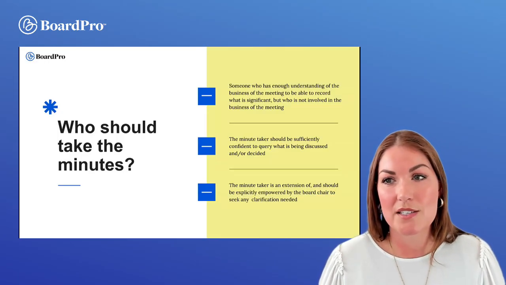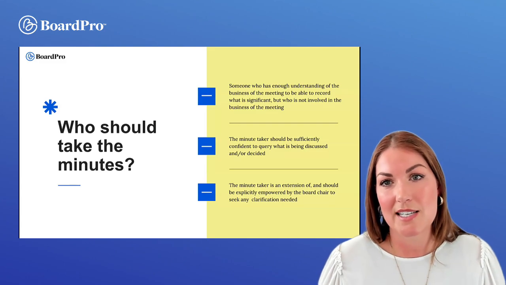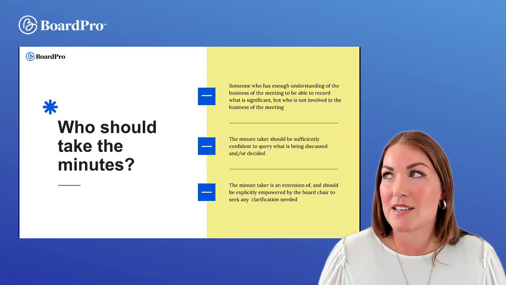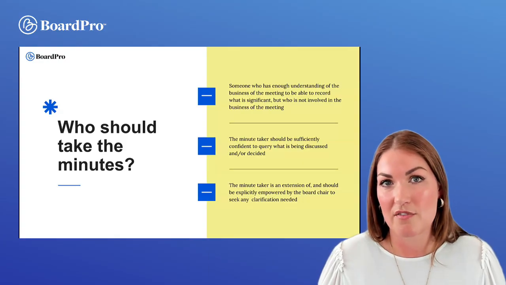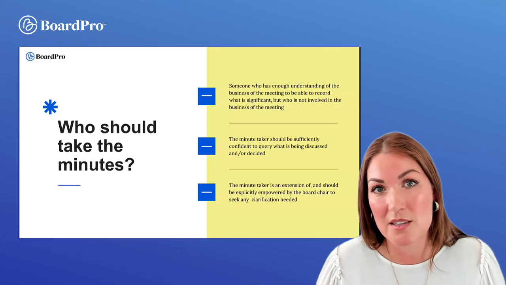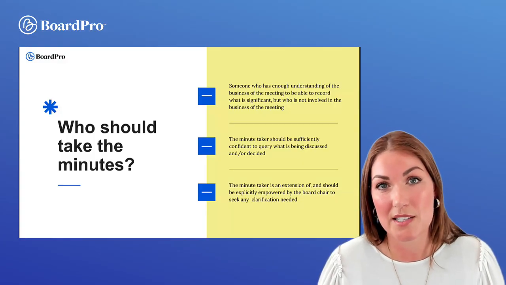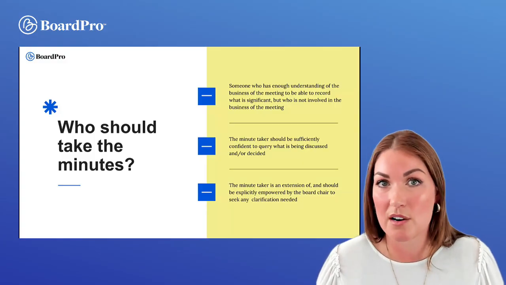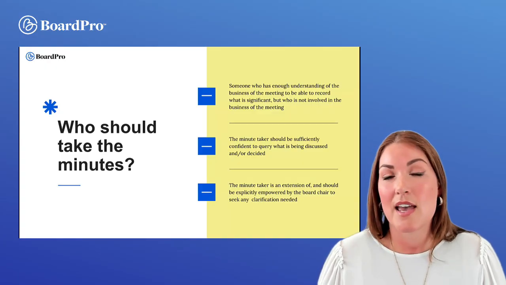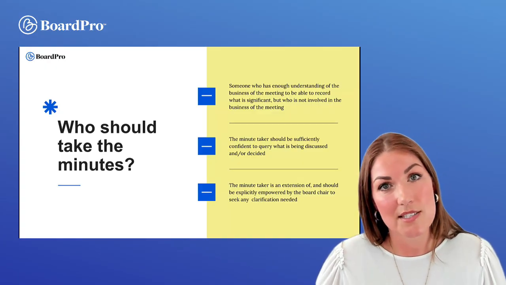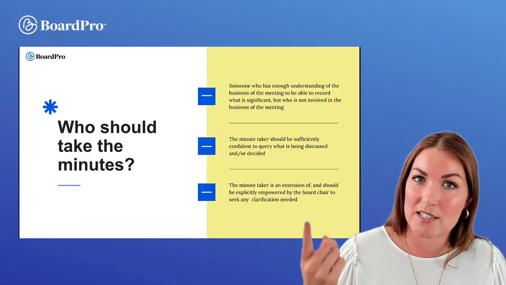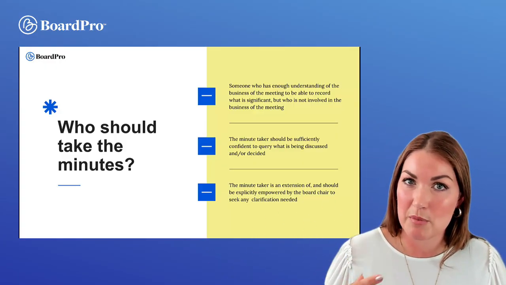So to that point, the person taking the minutes should ideally be someone that's independent. It's difficult if you're a CEO or a CFO and you're taking the minutes in the meeting and you're also someone that's contributing to the meeting. The same goes for any directors that might have the responsibility of secretary as well, which sometimes happens in incorporated societies. It's difficult to listen objectively while you're also processing what's being said and thinking about how you're going to respond.